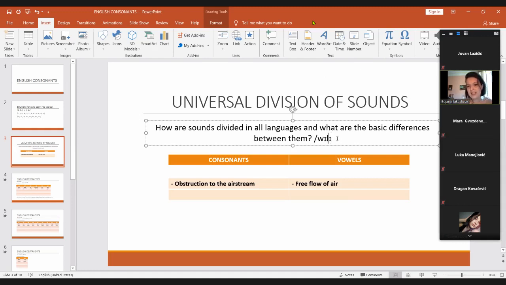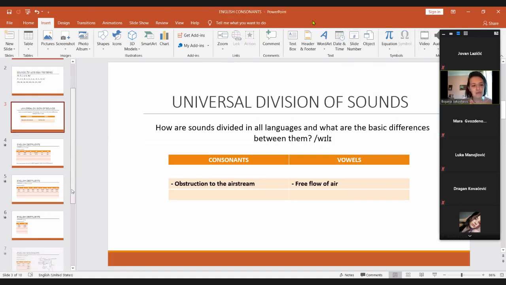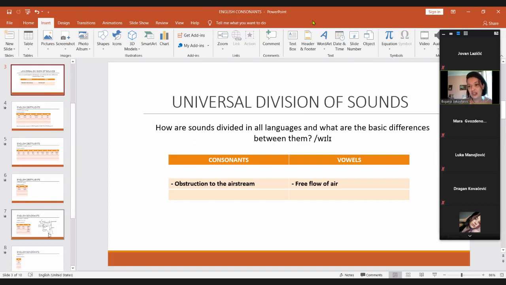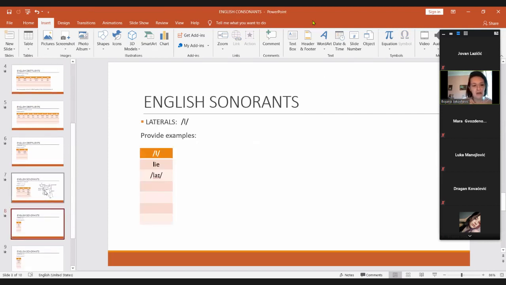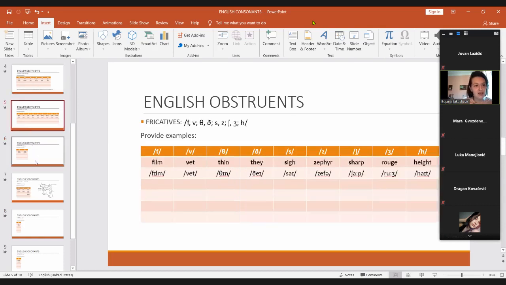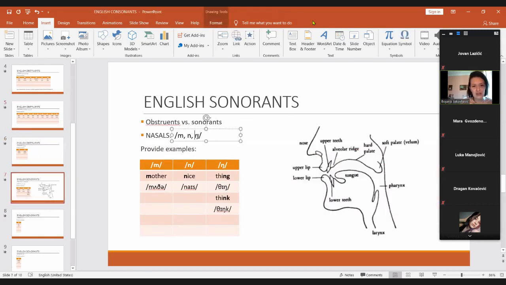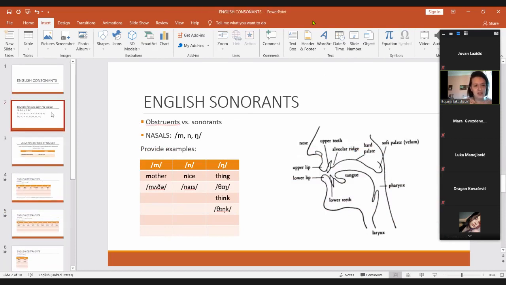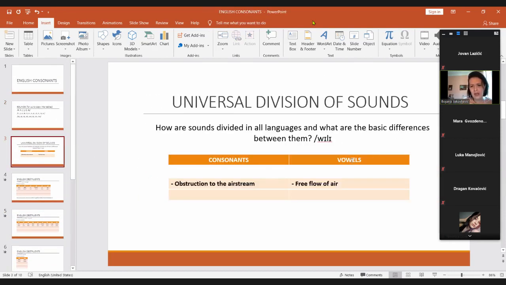Well, some consonants can also be produced continuously, like sh, the so-called fricatives, šuškavi glasovi. We'll talk about this sound later, but just to give you the example. Maybe vowels can carry a syllable, but consonants can't.